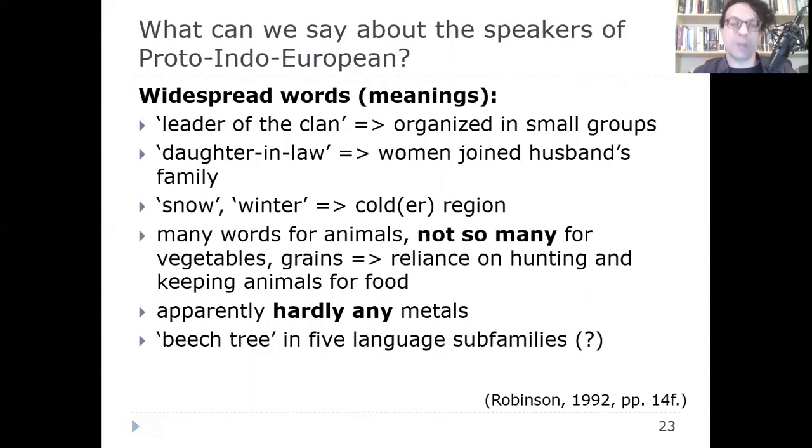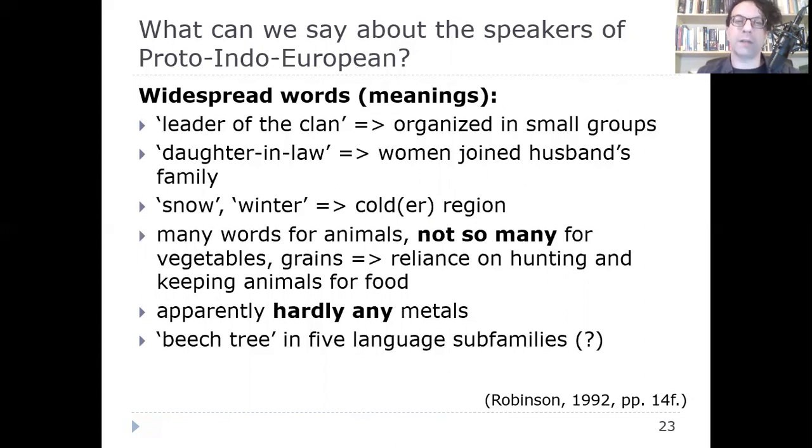Well, if we look for the cognates, that is, if we look in all of these languages, the Celtic languages, languages like Sanskrit, languages like Russian, Germanic languages, and so on and so forth, and we compare all of these words and look for which words they have in common, we find that they have the word king that I already showed you in common.